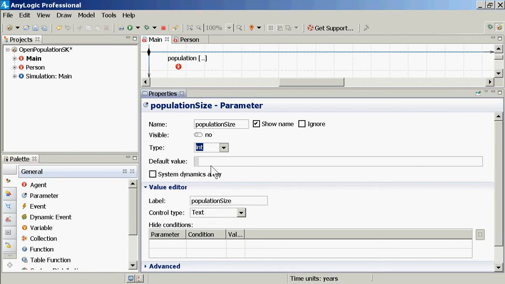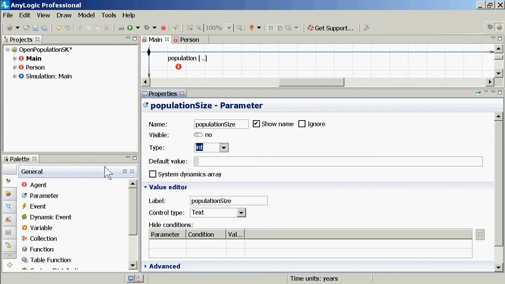So that's good. So next, first of all, I'm going to ask, in order to run this model, we're going to run it from an experiment, and we didn't give a default value for population size. This default value is a very important point. It's easy to miss in any logic.